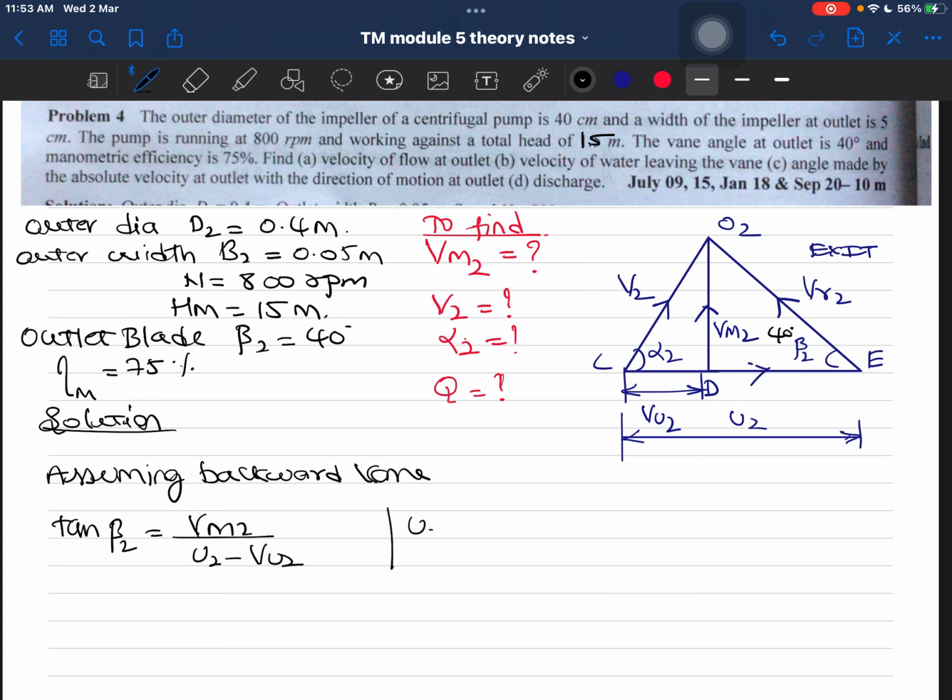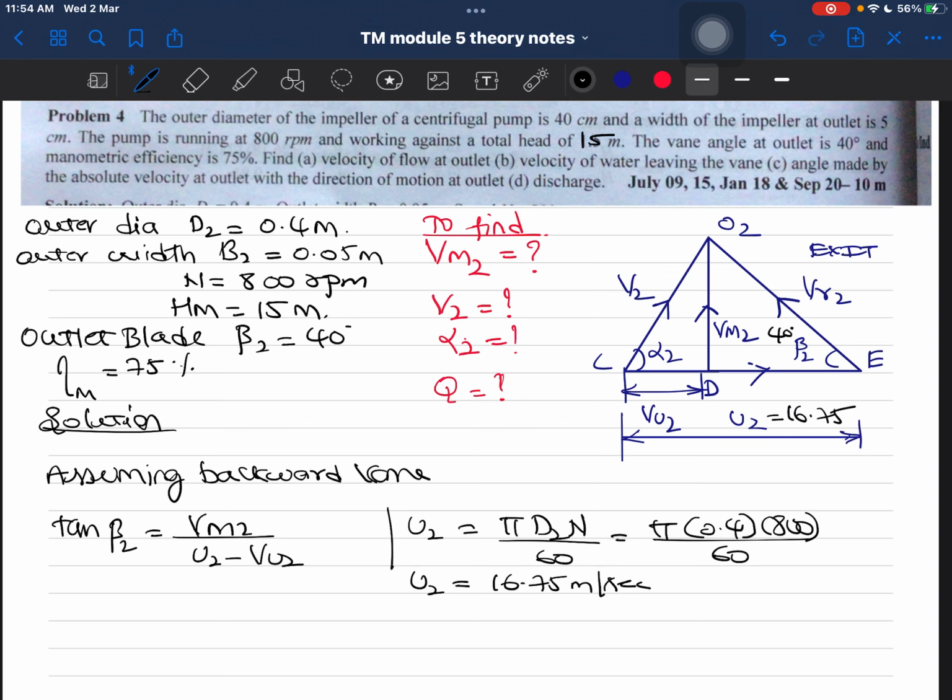I guess you can calculate the value of U2. It is pi d2 N divided by 60. That is equal to pi times 0.4 times 800 divided by 60. So you'll get U2 around 16.75 meters per second. I will immediately write here also 16.75.